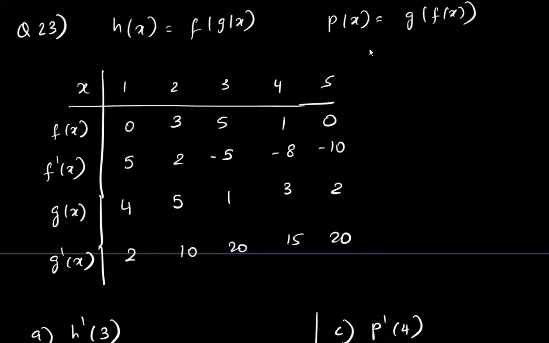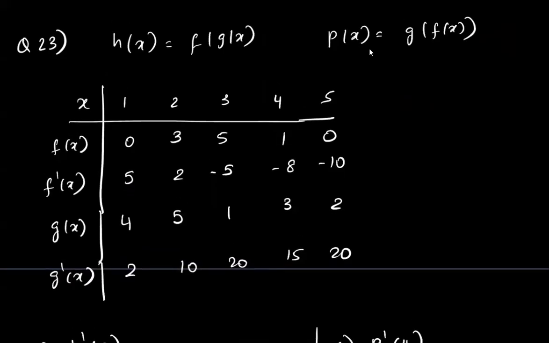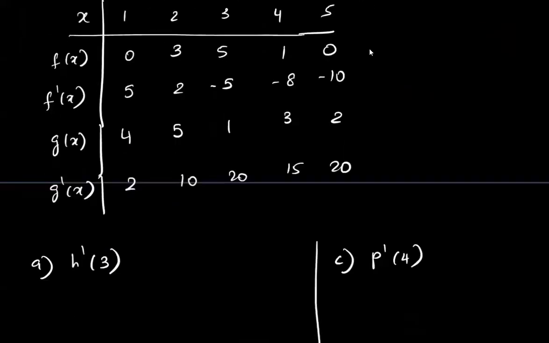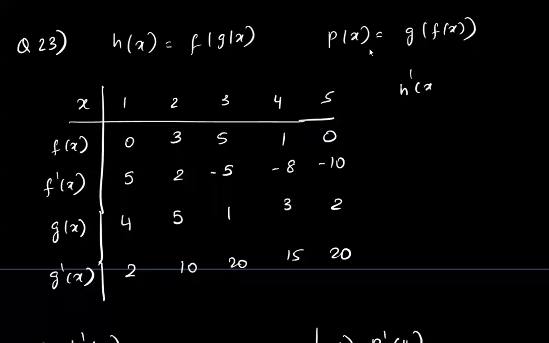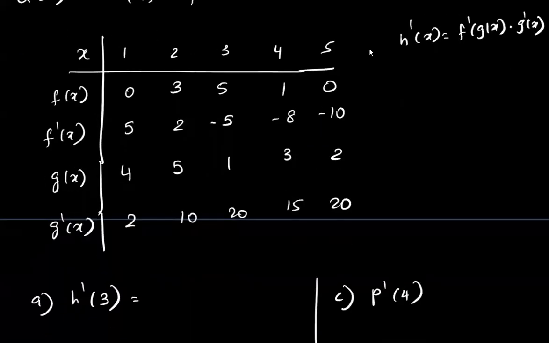Okay, so in this problem, they want you to do the following. A table is given. H is the composition of F with G. So if I'm doing H prime, how is H prime of x going to look? H prime of x will be F prime at G times G prime, correct? Now I have to do it for 3.